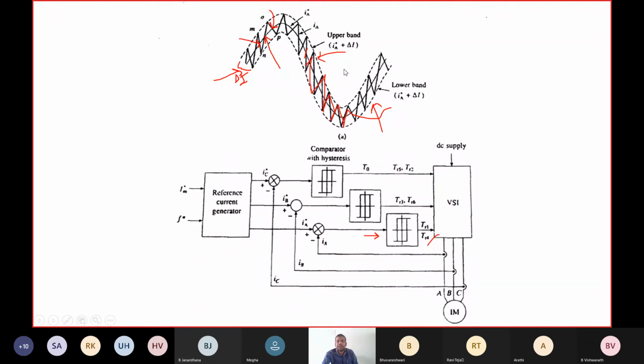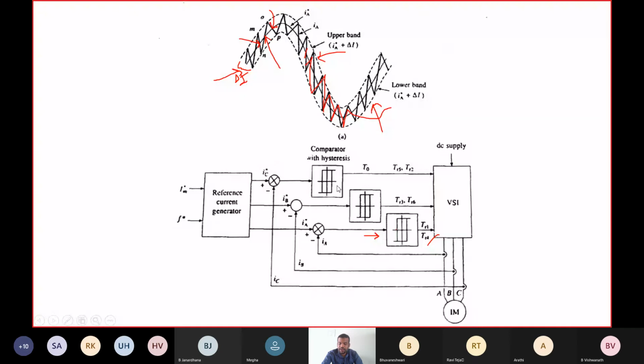The hysteresis bands are comparators, different hysteresis comparator devices. There we pass our reference currents, IA star, IB star and IC star, through these different comparators.